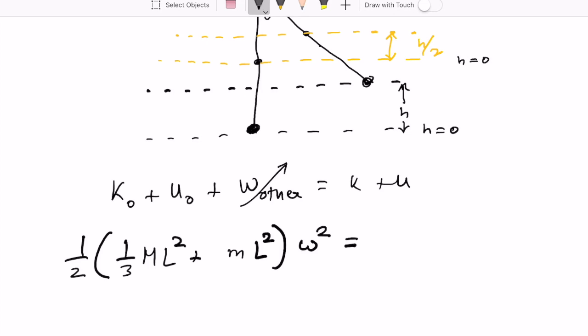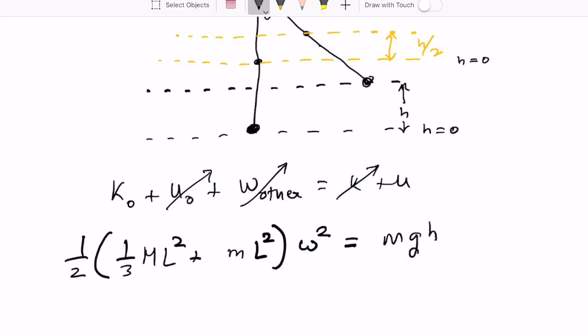now let's calculate the energy in the final configuration where the rod has risen up to its maximum height. So it's at rest. The whole thing is at rest at that point, so we don't have kinetic energy over there. We only have potential energy. So the potential energy change for the putty is going to be little m g h.